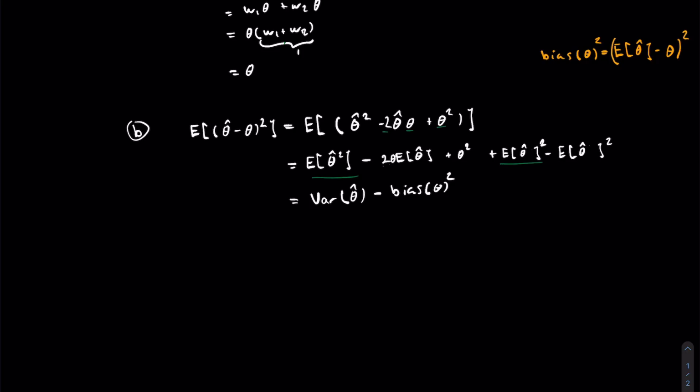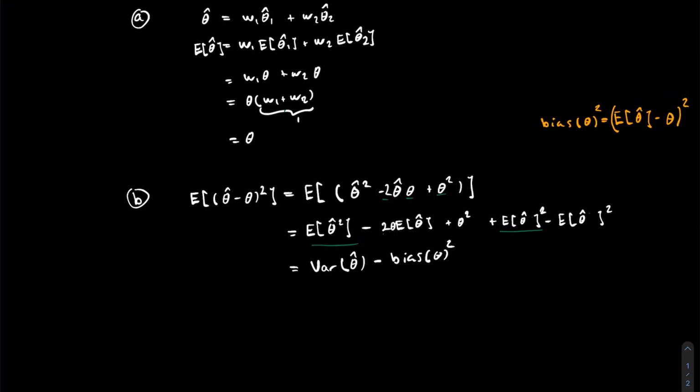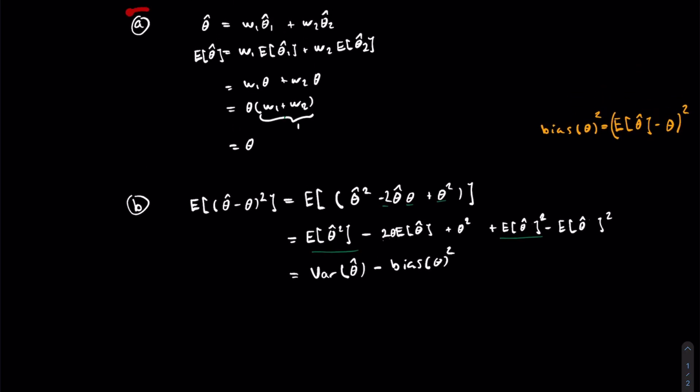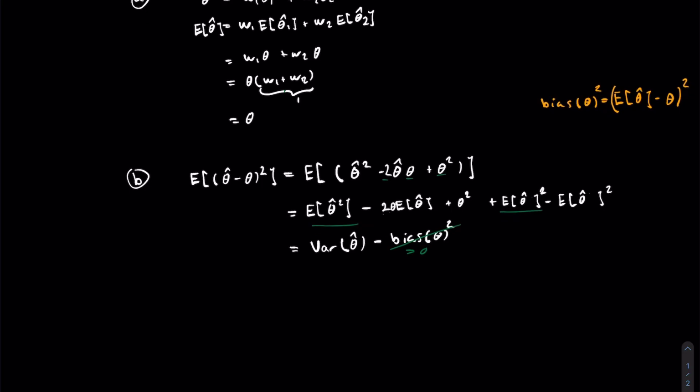Okay, that's useful. And what we also know, which we just proved in the previous exercise here, is that this estimator theta is unbiased. So whatever we take this 0 squared to, it will always be 0. So this term here is equal to 0, and this cancels.